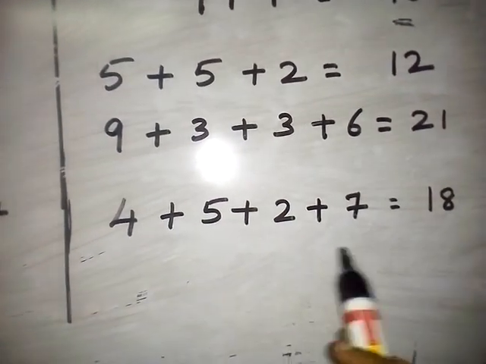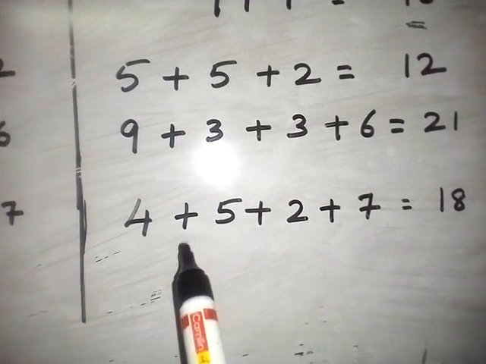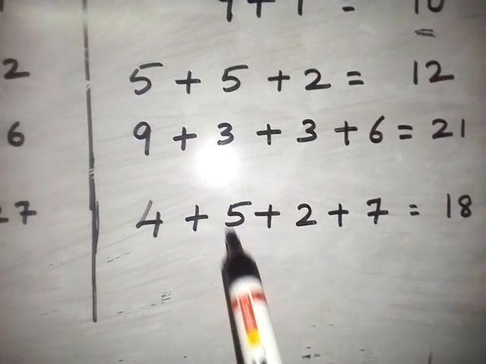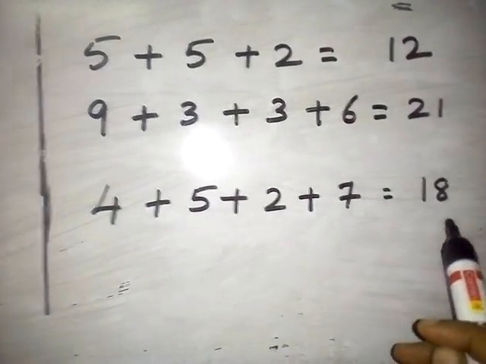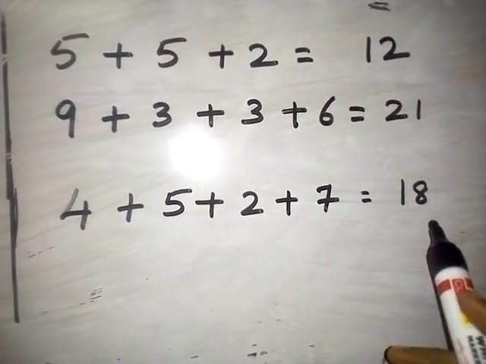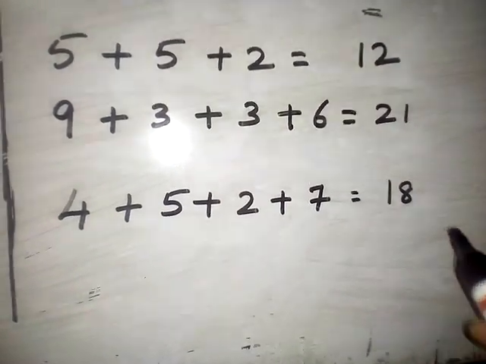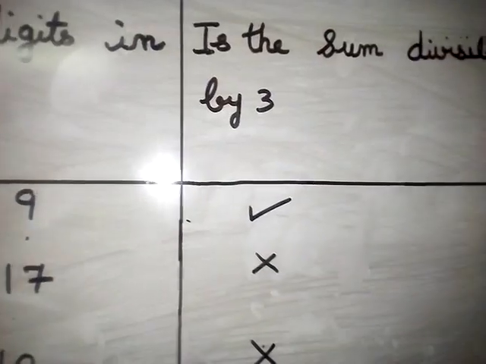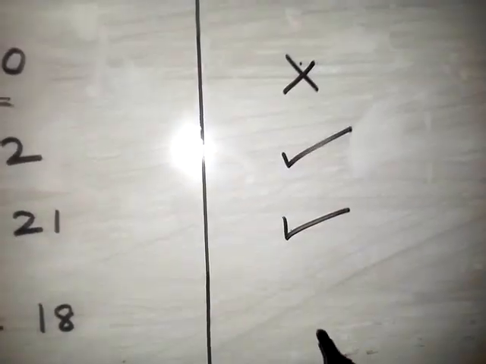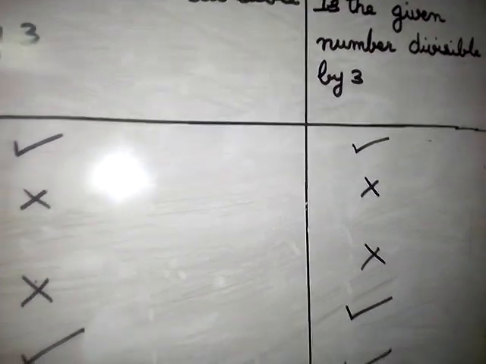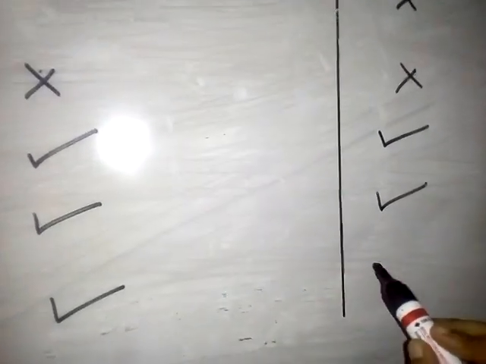Eighteen getting after adding these 4 digits in addition form, answer getting 18. 3 6s are 18. So is the sum divisible by 3? Answer is yes. Is the given number divisible by 3? Answer is yes. Like this we have to do.